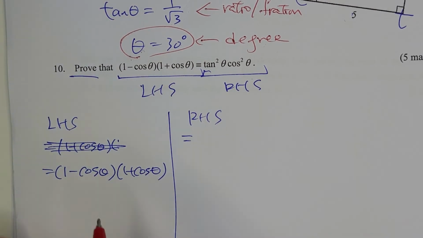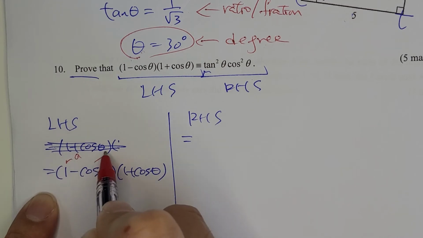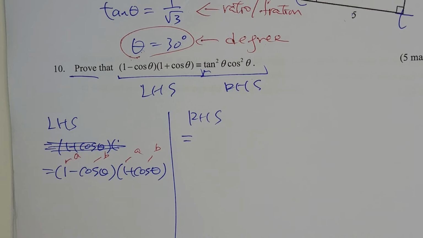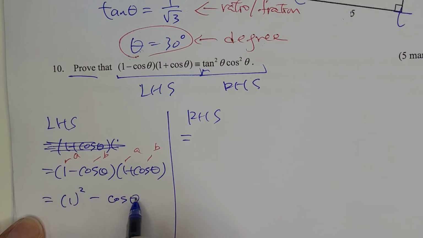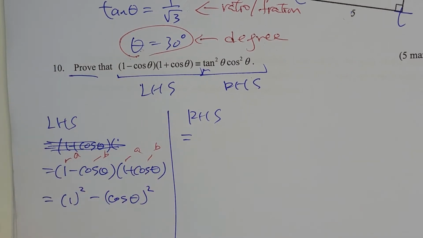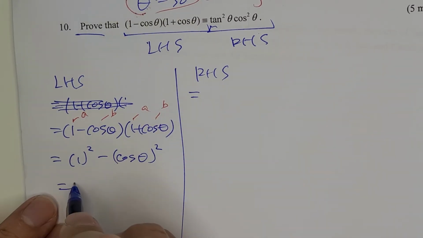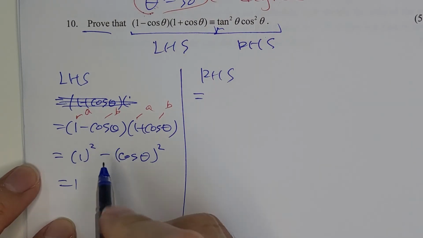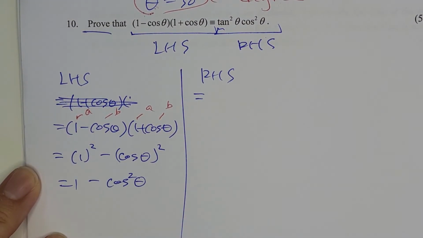As you can see, this one is quite standard for A minus B times A plus B, right? So you can apply the difference of two squares formula, that is A squared minus B squared. And you know 1 squared equals 1. And cosine theta bracket squared, we can write as cosine squared theta.